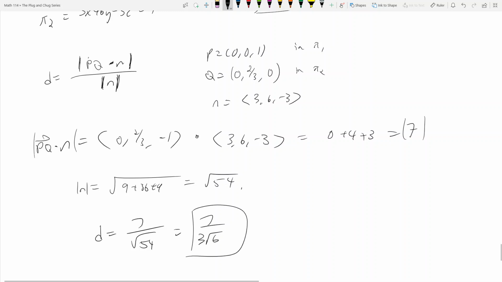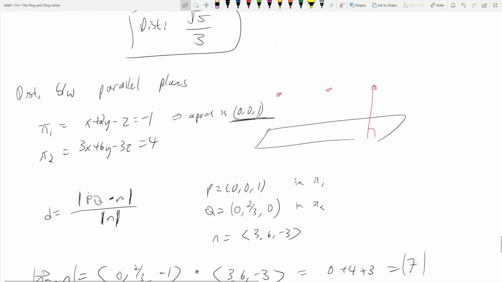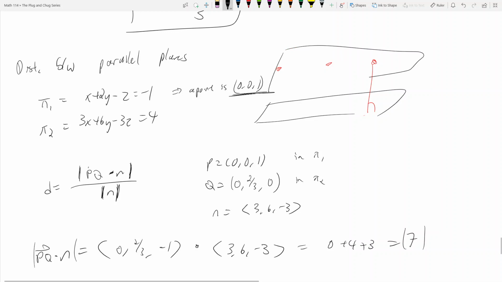Okay, and so that's how you do a distance between two parallel planes. Again, you have two planes. One of them, you just find a point and treat that point as if it's in space, like this red point out here. And then you find a point in the other plane, and we use the normal to this plane.